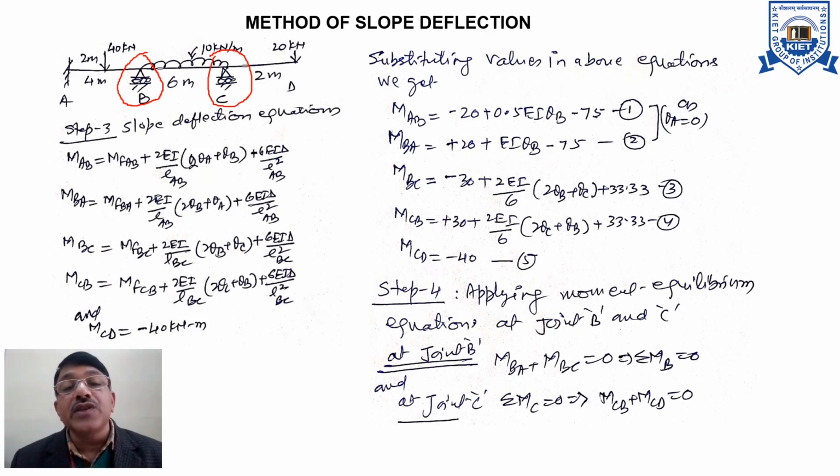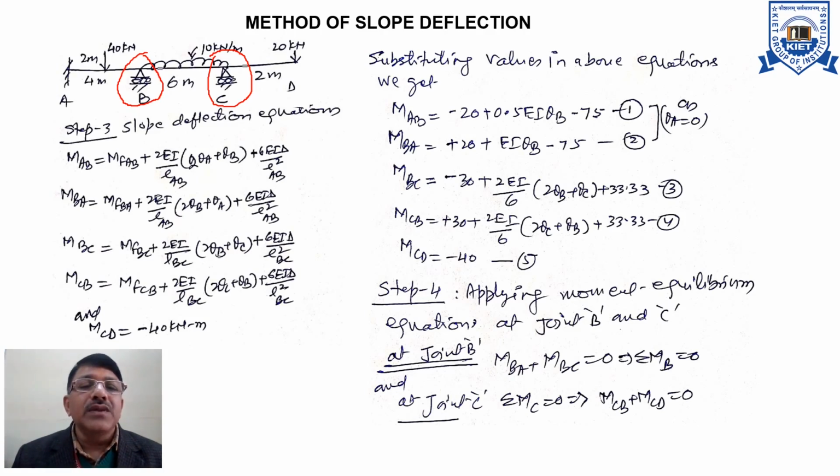Otherwise, if it is not 0, the portion of the beam at B will not be controlled and will rotate along the direction of the unbalanced moment. Okay? So the moments at B are MBA and MBC. The summation of MBA and MBC should be equal to 0.